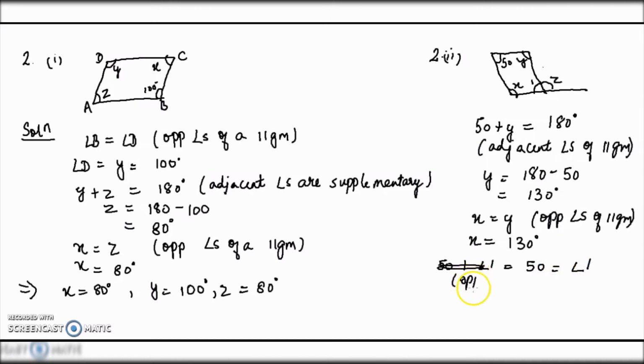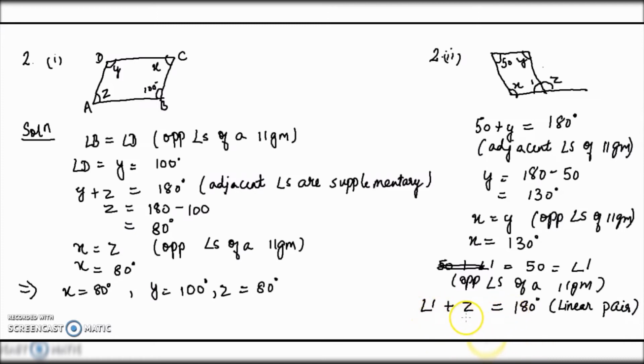Angle 1 plus Z is equal to 180 degrees because they form a linear pair. So angle 1 and Z are adding up to 180.